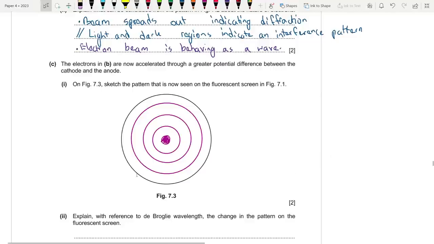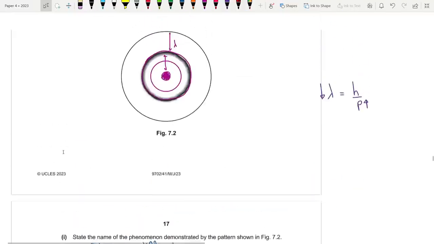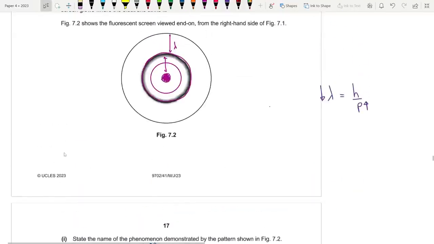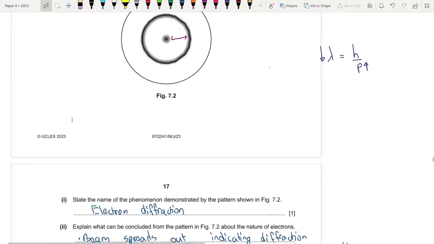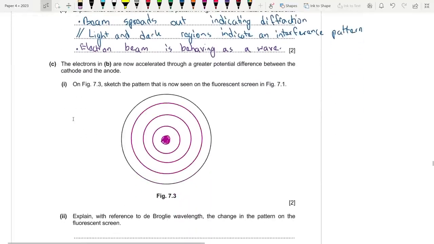Okay, the concentric rings are closer together compared to before. Basically you needed to show that this wavelength over here is decreased in length. That was done by showing this already, but it's fine. You could just show more.